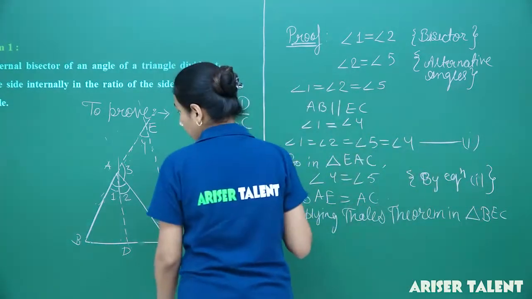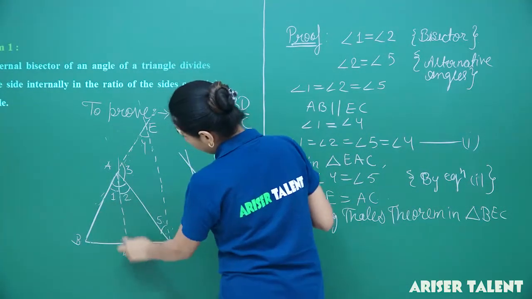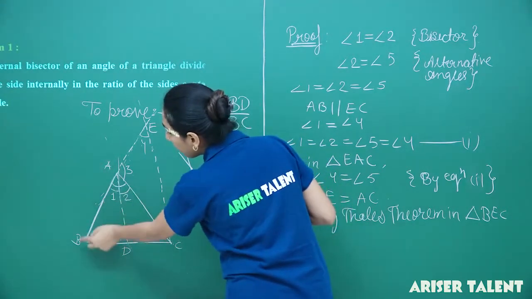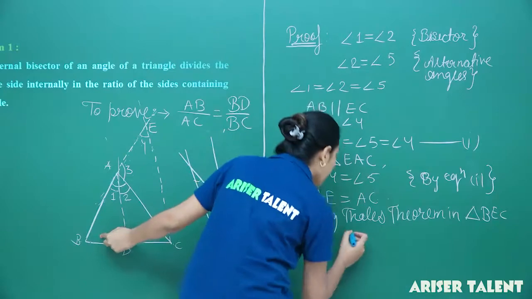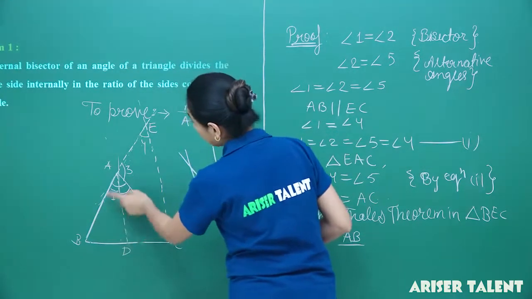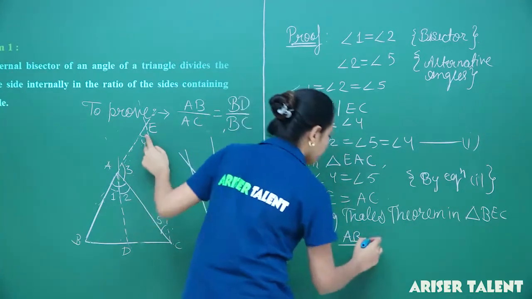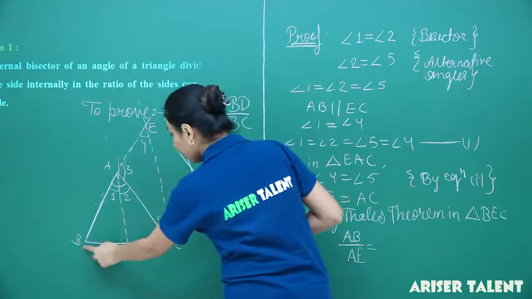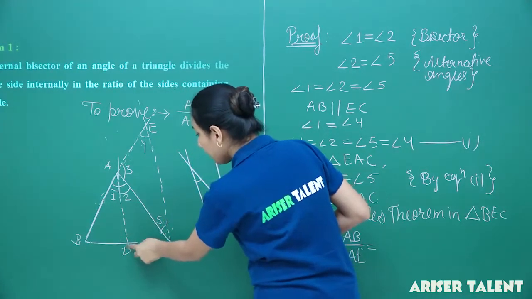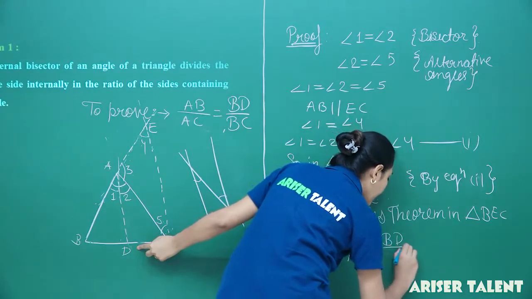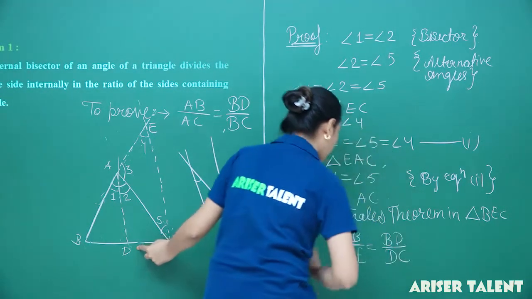So, you will see that because this is parallel to this, BA or AB we can write here AB by AE will be equals to what? BD and DC. Okay, right, BD by DC.